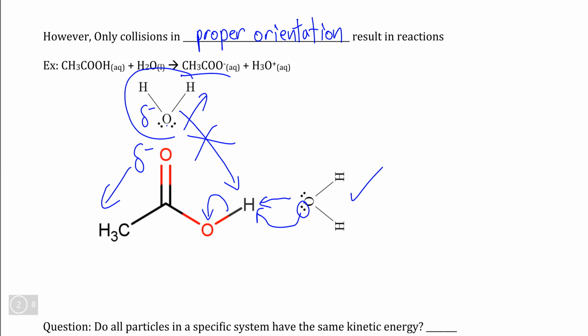It doesn't matter how much kinetic energy this water molecule has, if it's not oriented to point to the hydrogen that we want to remove, no reaction is going to take place. Hence the relationship between kinetic energy, collisions, and rate of chemical reaction holds with a few caveats, proper orientation being the most important caveat.